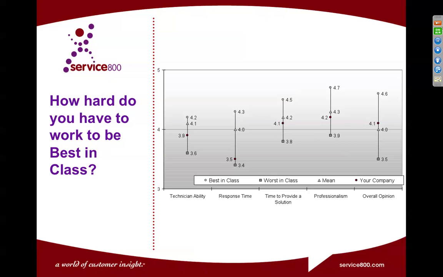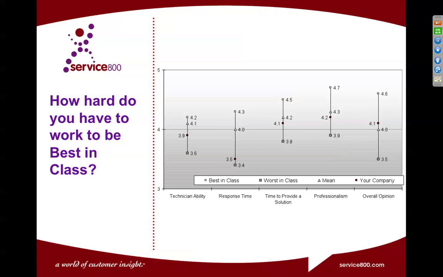So in other words, this community of organizations participating in this benchmark are ranging from 3.6 to 4.2. The company in this example is the little diamond or triangle, and in this example it shows that the 4.1 is actually very close to 4.2, which is the highest scale.